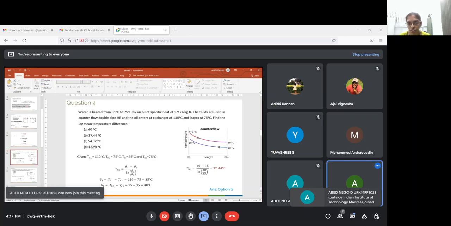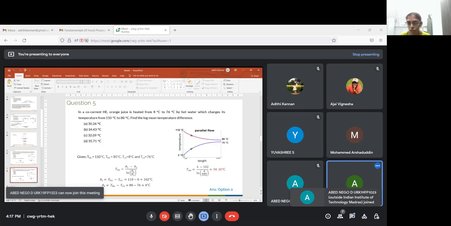There is a difference, 35 degrees and 40 degrees, but it is pretty minute. But in a parallel flow, just look at the difference. At first, it is around 102 degrees Celsius, but towards the end of the heat exchanger, it is basically only 4 degrees Celsius.